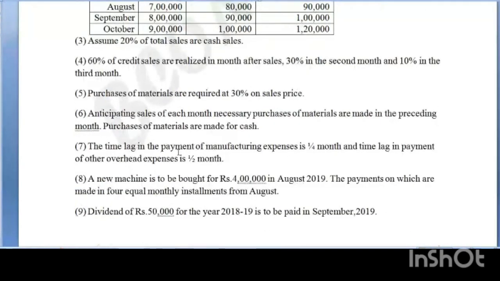Yes. Point number 8 is there. The new machine is to be bought for rupees 4 lakh in August, and the payment of which are made in 4 equal monthly installments. Okay, without considering interest and all that. So 4 lakh, if 4 installments of equal amount, that means there is an installment of 1 lakh in every month from August.